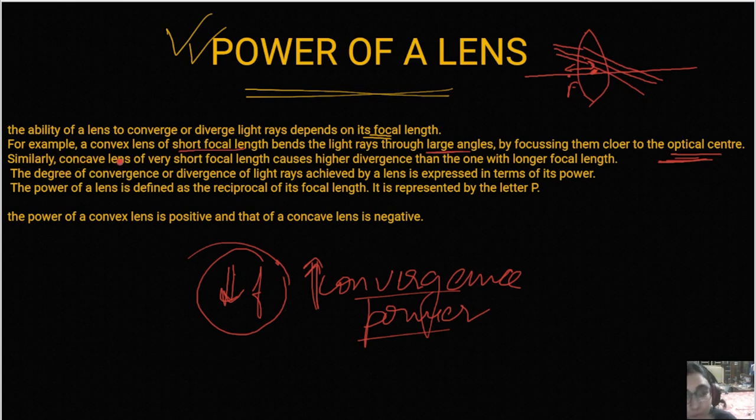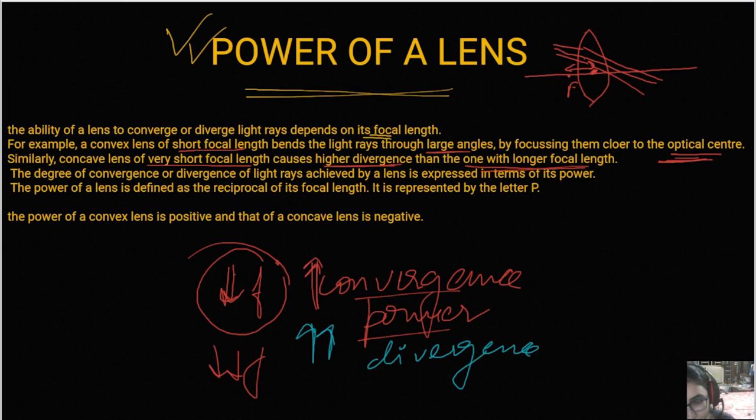Similarly, a concave lens of very short focal length causes higher divergence than the one with the longer focal length. So the dependence is the same, only here the shorter the focal length, the more is the divergence power. The degree of convergence or divergence of light rays achieved by a lens is in terms of its power.